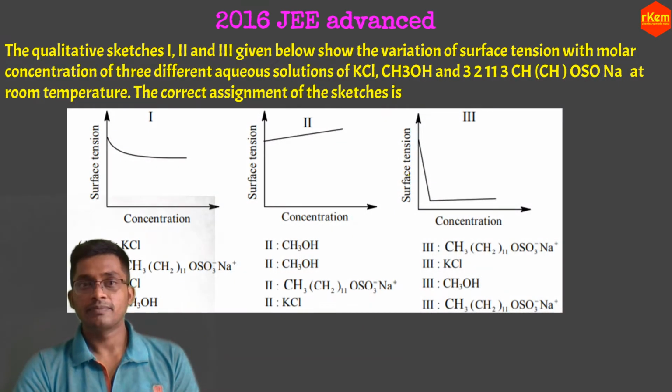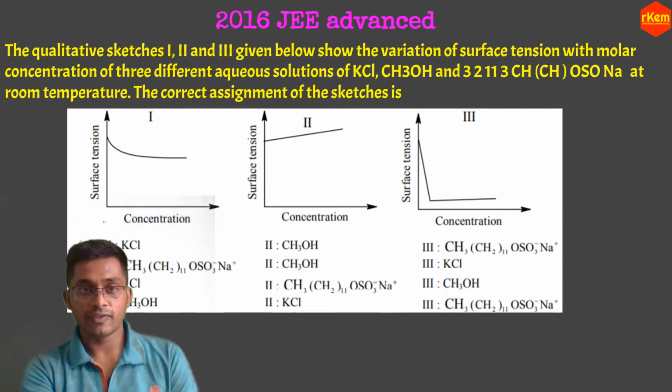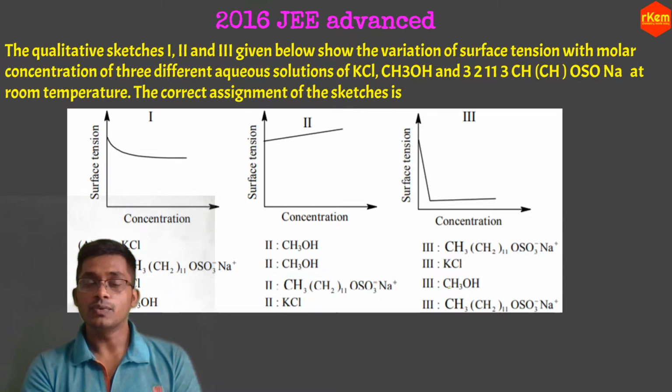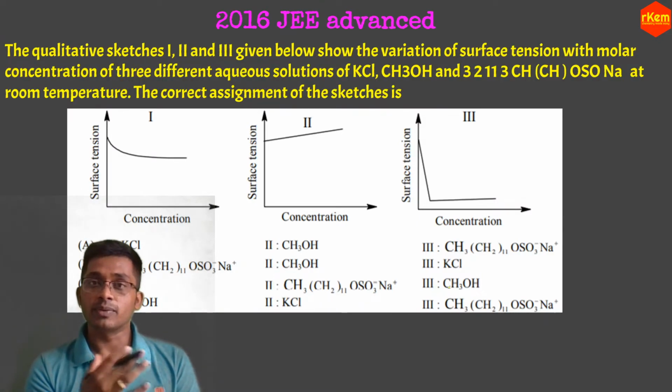So next one. There is a surface tension concentration graph given, and what is the variation of surface tension with concentration? There are different compounds. KCl is given, alcohol, an organic compound, is given, and a surfactant is given. So what variation do we have to compare?